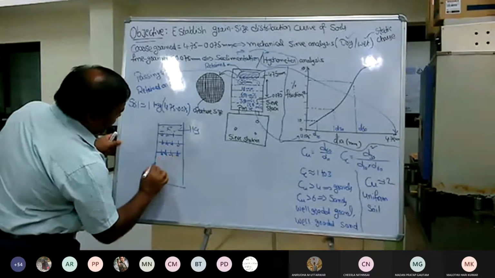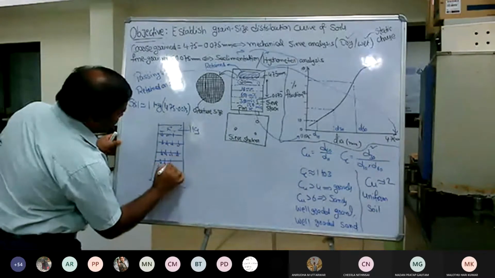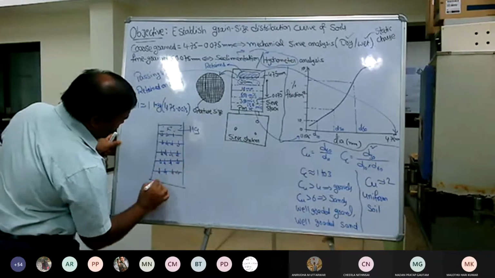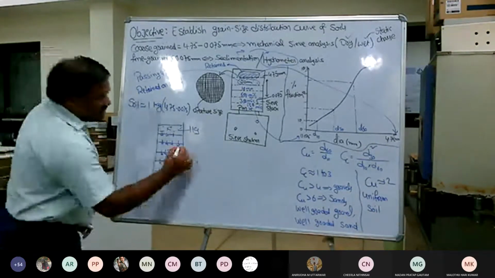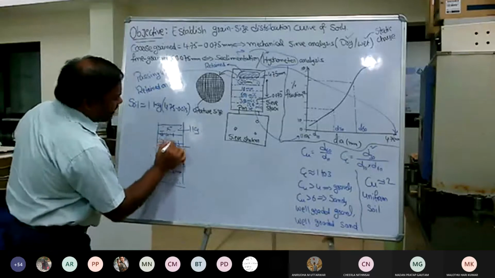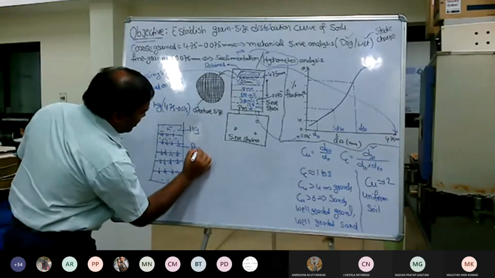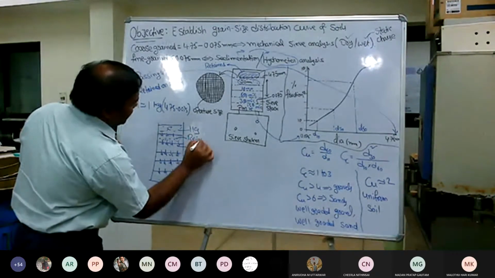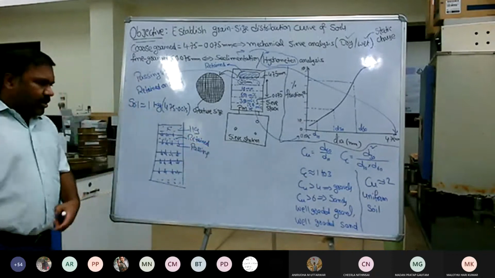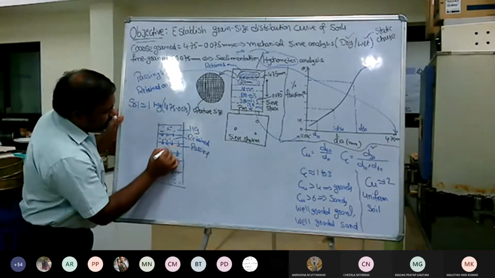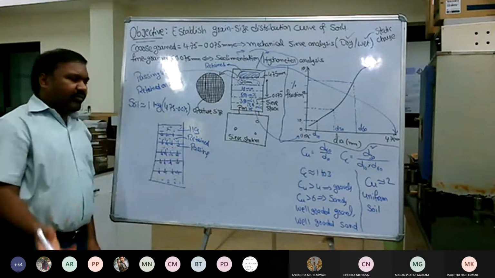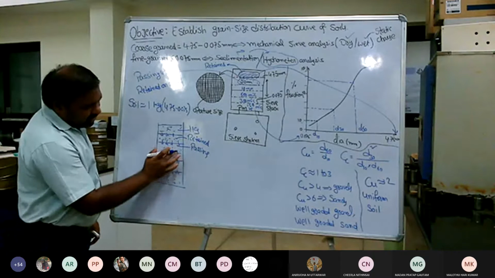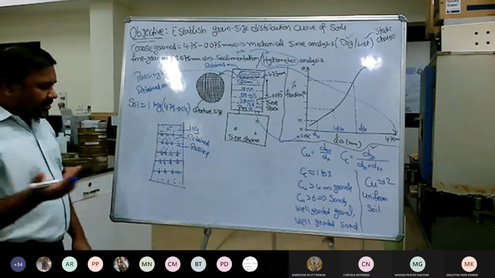Depending upon the aperture size, it either passes or is retained on that particular sieve. Among the passing soil, something will again be retained on the next lower aperture size, and a certain fraction will again pass through depending upon the particle size.